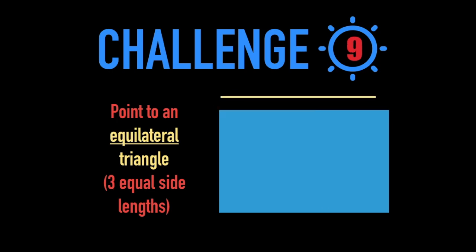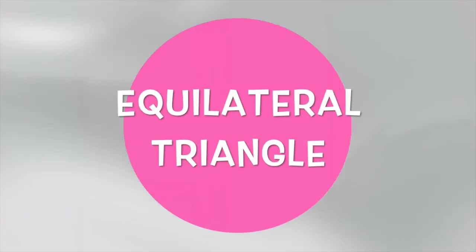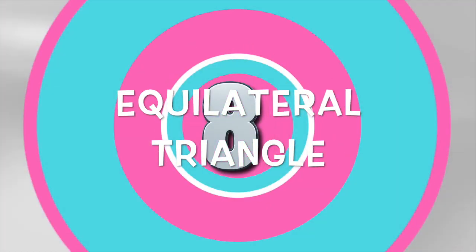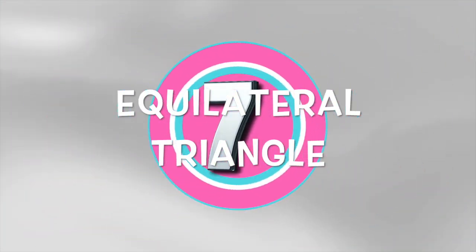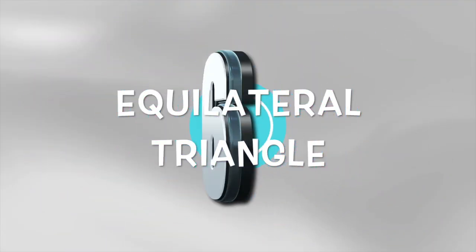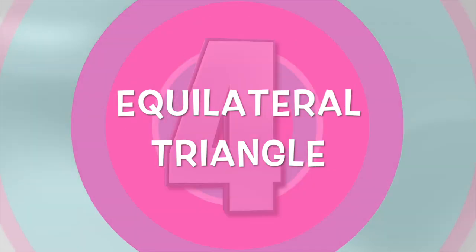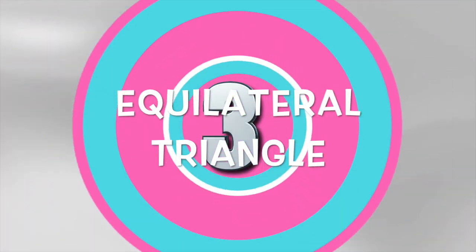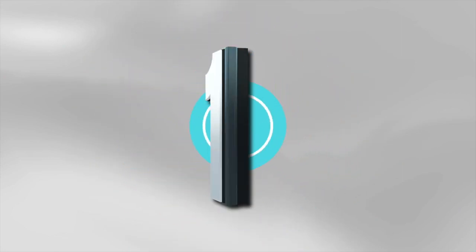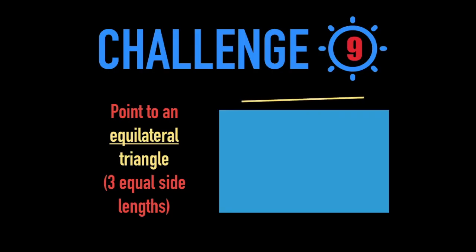Challenge 9 is to create an equilateral triangle where all the sides are the same length. You may have discovered that at most you can only have 2 sides that are the same length.